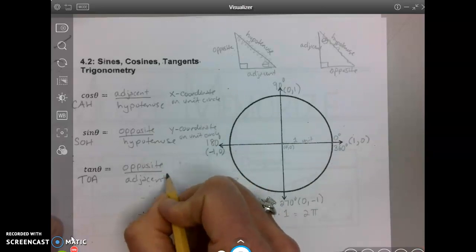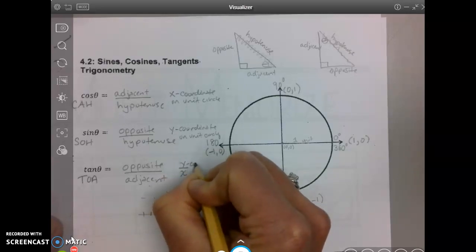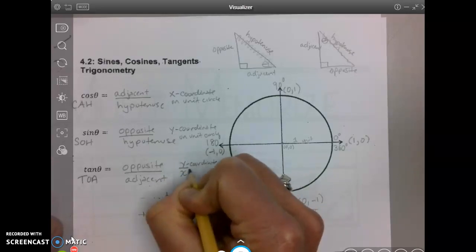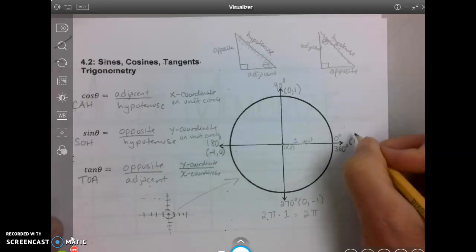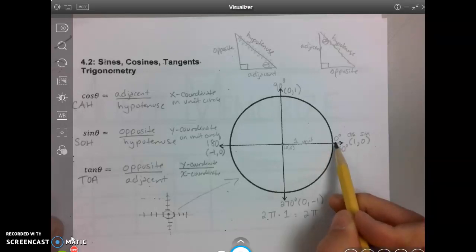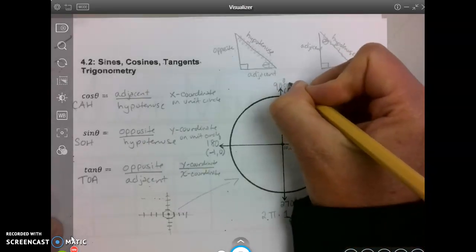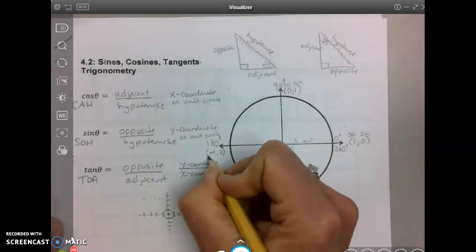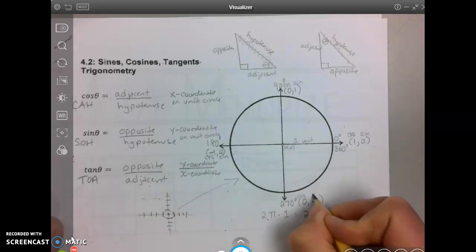And the tangent, therefore, is going to be y divided by x, the y-coordinate divided by the x-coordinate. So the cosine of 0 is 1. The sine of 0 is 0. And up here, and at each of these points, it's cosine and sine.